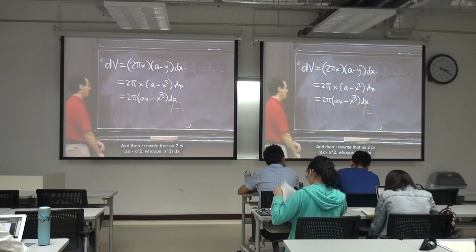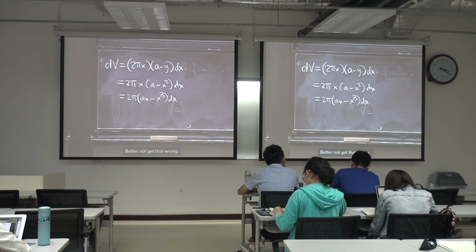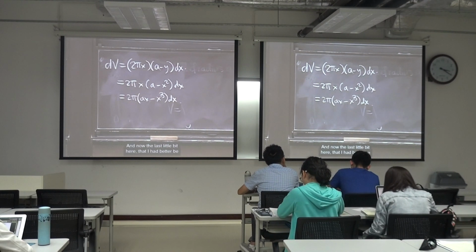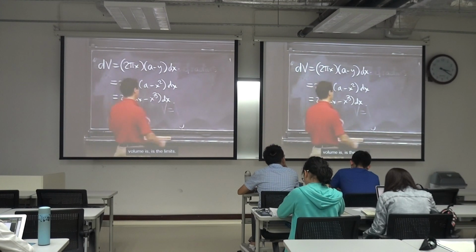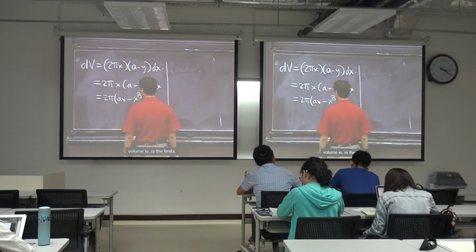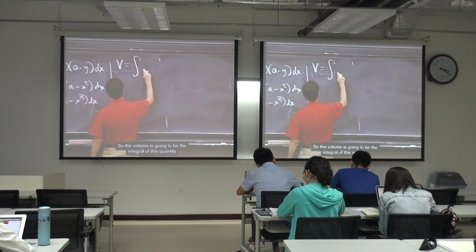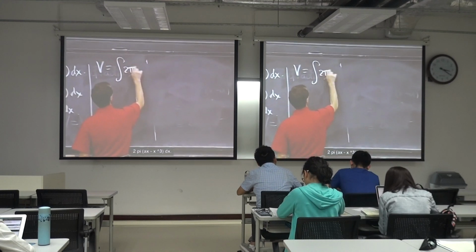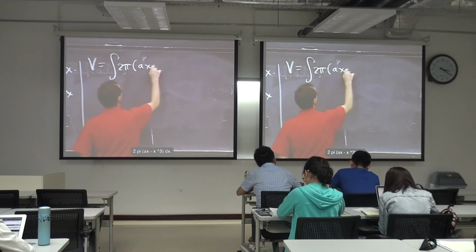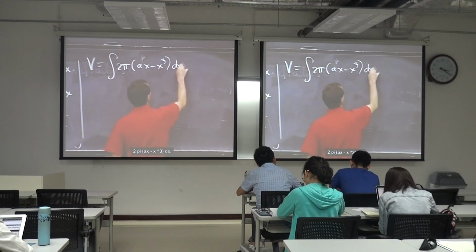Did I get that wrong? And now the last little bit that I had better be careful about in order to figure out what the total volume is: the limits. So the volume is going to be the integral of this quantity, 2 pi (ax minus x cubed) dx.